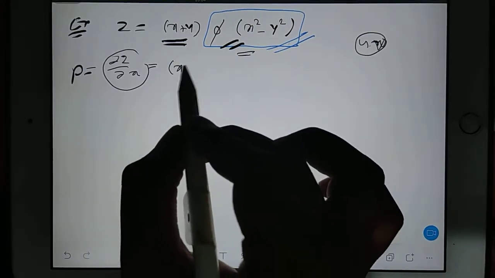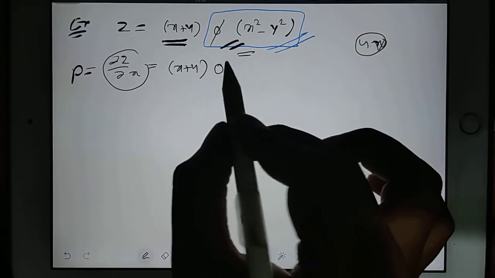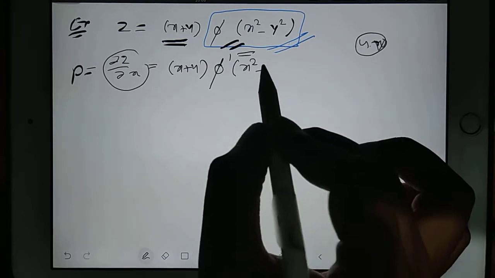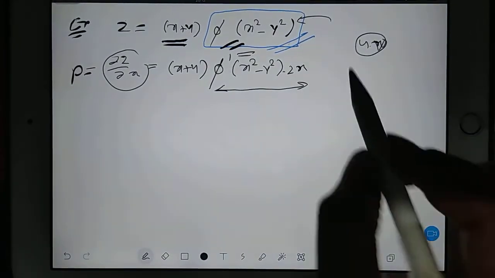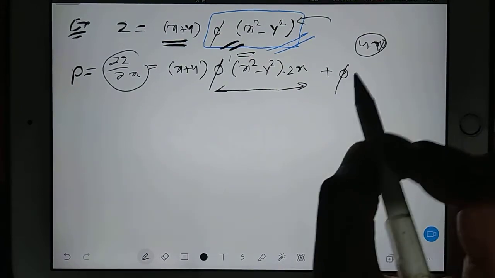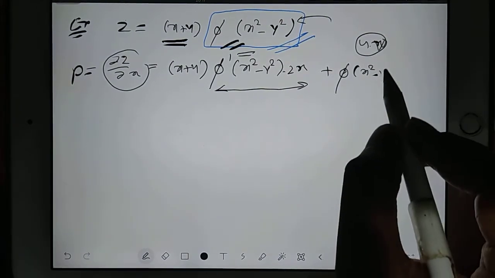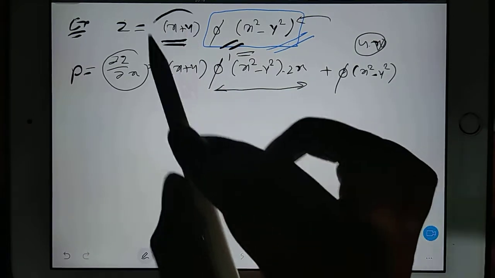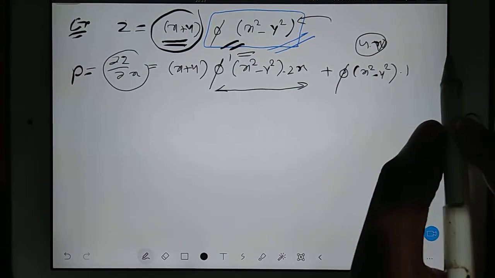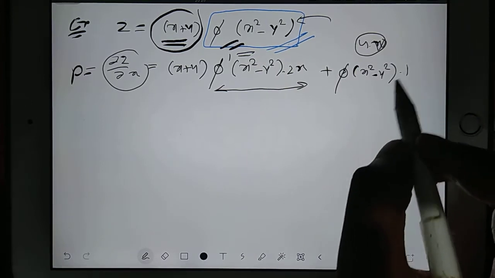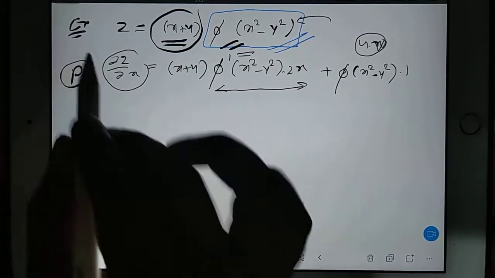First function you leave as it is, and second function you differentiate. So that will be x plus y into phi dash x square minus y square into 2x. This total is the differentiation of this guy. Okay, then plus phi of x square minus y square you leave as it is, and then differentiate the first guy. So 1 will come, 1 plus 0 will come, so 0 I am eliminating. So this total whatever you have got became the value of p.